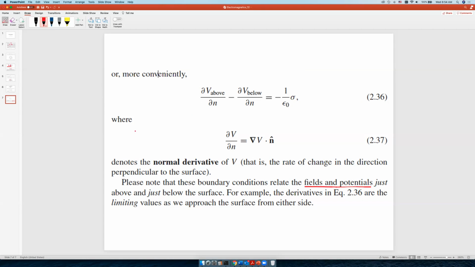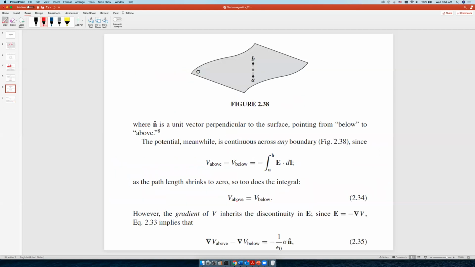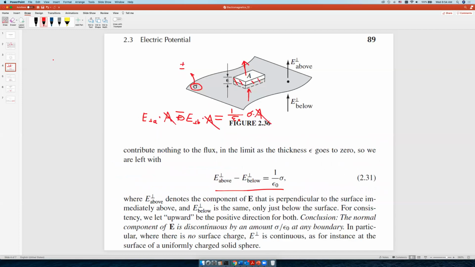So this is a very useful lecture. Please remember all the conclusions in this lecture, especially these equations for electric potential, and for the electric field, this is the most important equation.